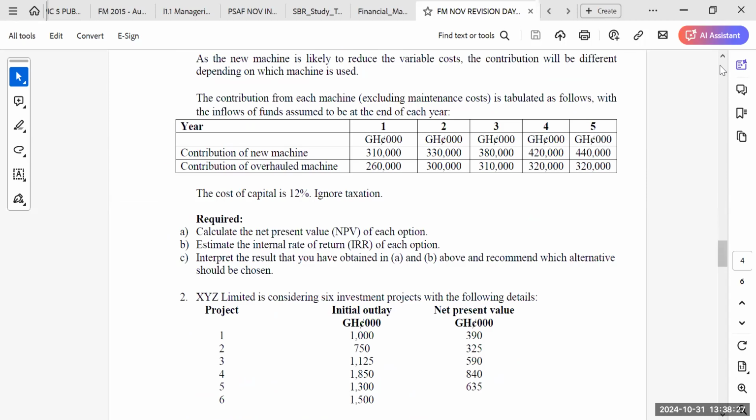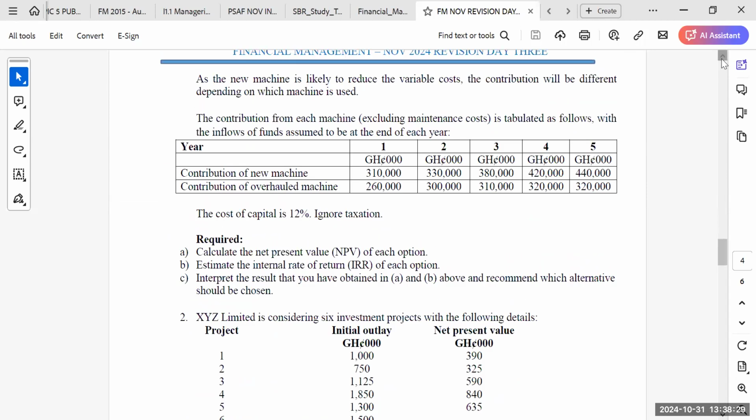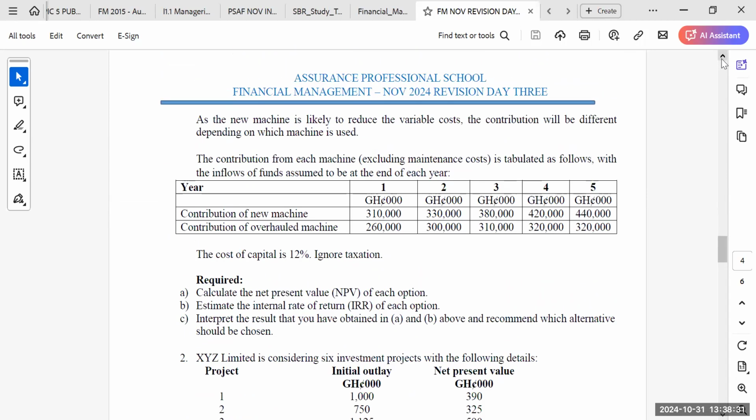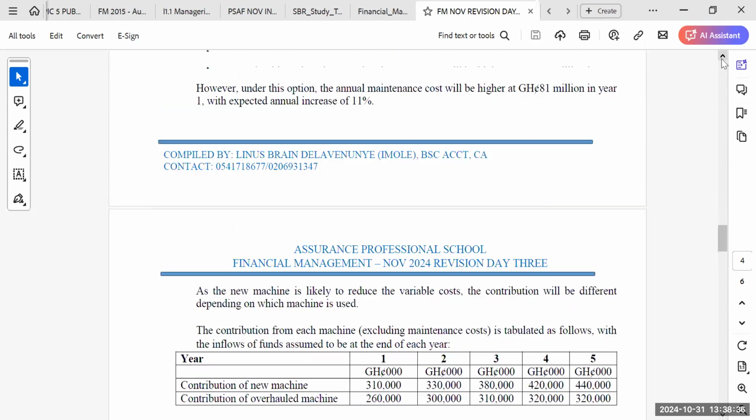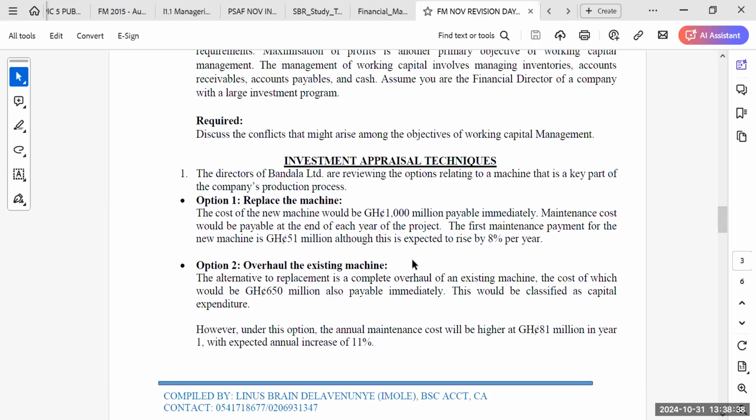Okay. So we are asked to calculate the net present value of each option. Okay, net present value of each option. Okay, so if you want to replace the machine, the cost of the new machine will be what?